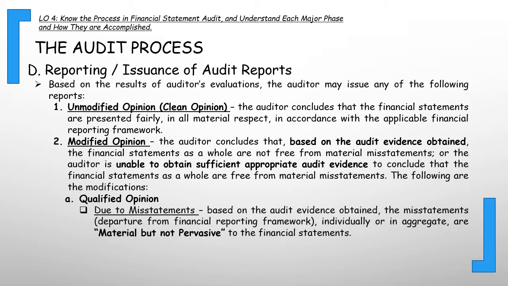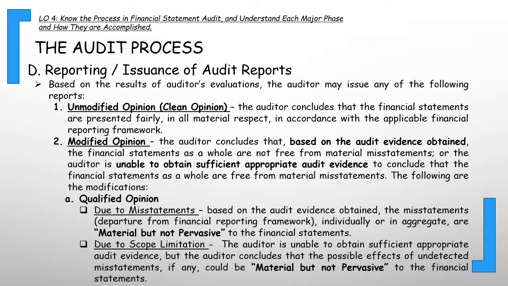Pwede tayo mag-issue ng qualified opinion, meron dalawang factors, either due to misstatements or due to scope limitation. So, kapag as a result of misstatements, dapat meron tayong audit evidence, okay? Na yung misstatements, individual or in aggregate, are material but not pervasive to the financial statements.